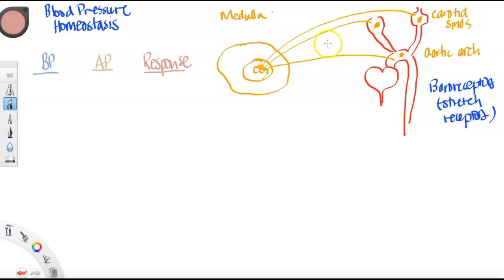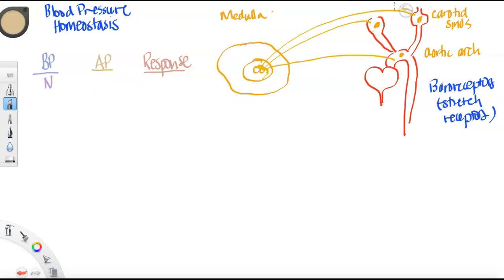So in normal blood pressure, there's going to be a certain number of action potentials that occur. Okay, so let's say it's 10.